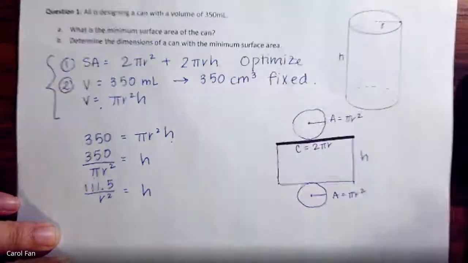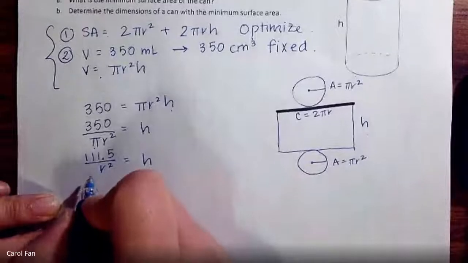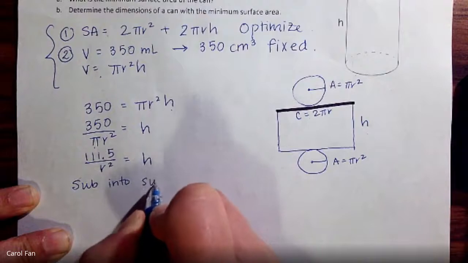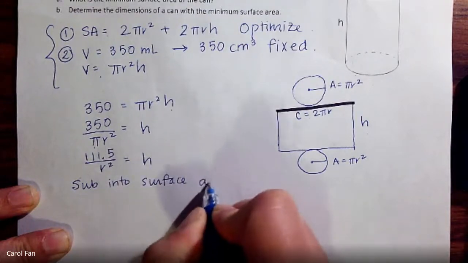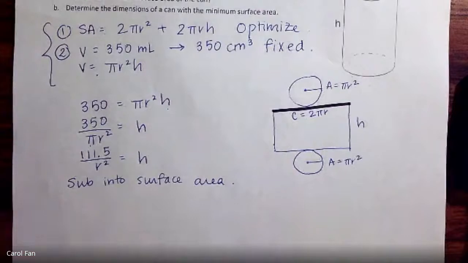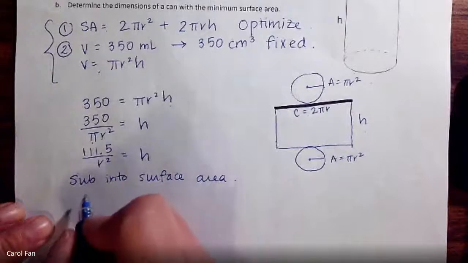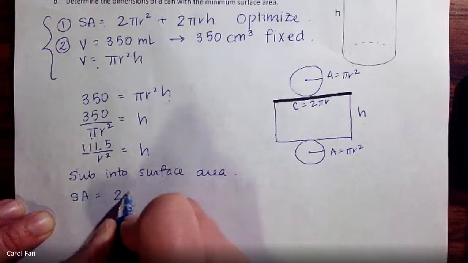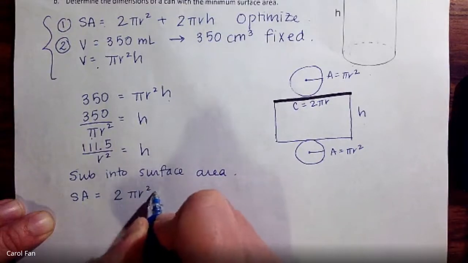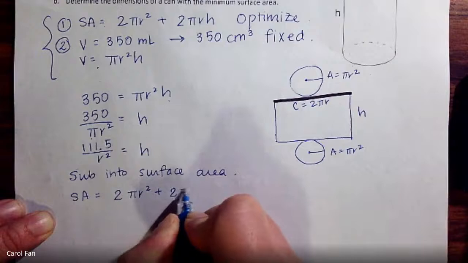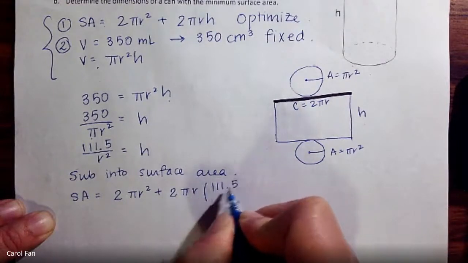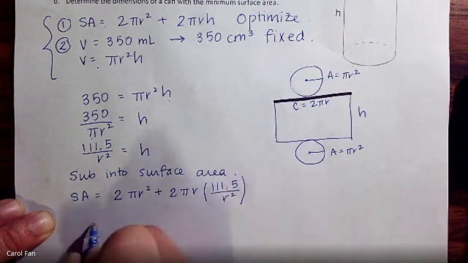Now let's take that value and substitute it into my surface area. So surface area is equal to 2 pi r squared plus 2 pi r times 111.5 over r squared.